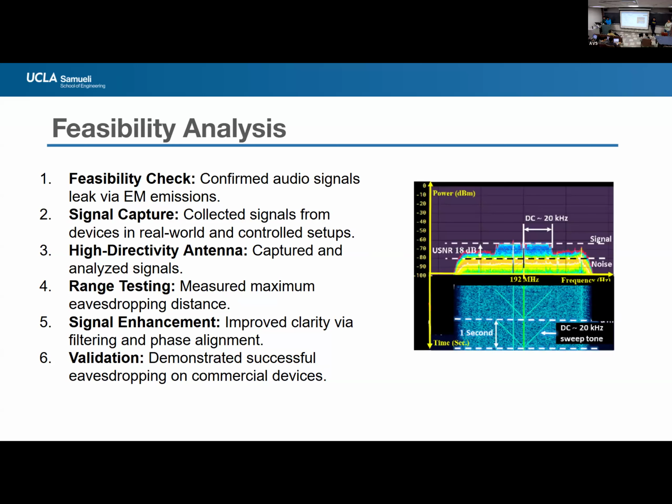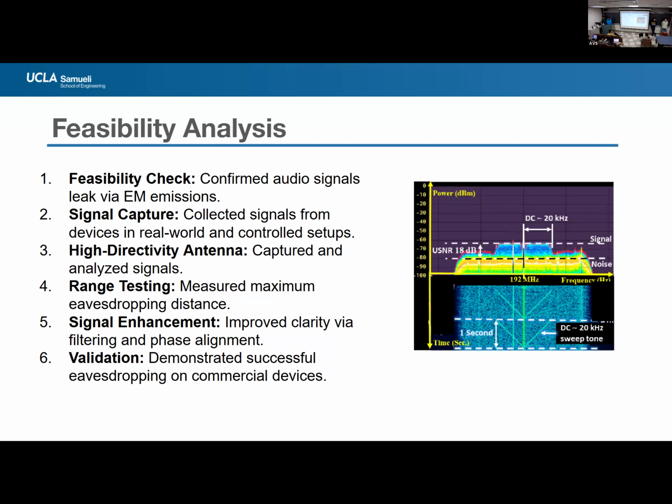The experimental setup that was taken into account for the purpose of the Tempest attack was, we first start by assessing the feasibility of capturing audio signals via EM emissions, and as Nat and the other two mentioned earlier, we conduct these initial tests in an anechoic chamber to minimize EM interference.